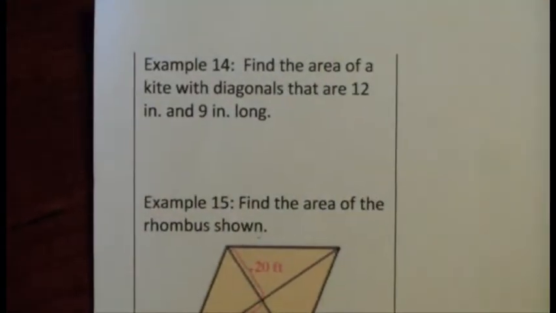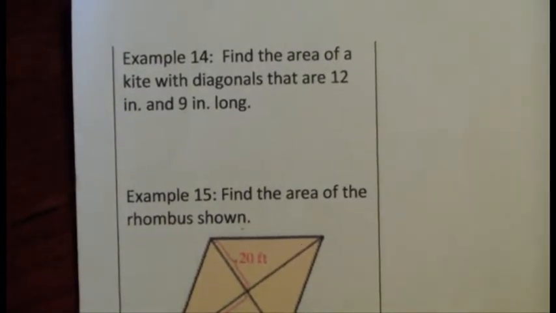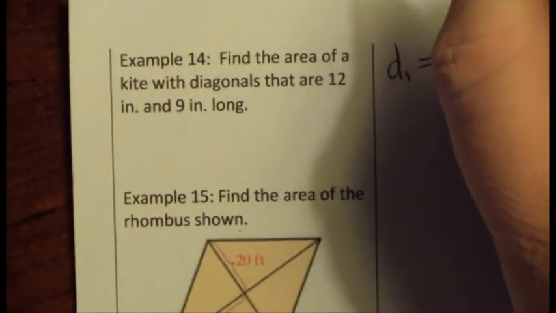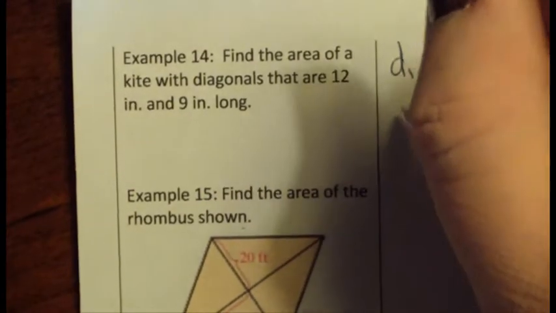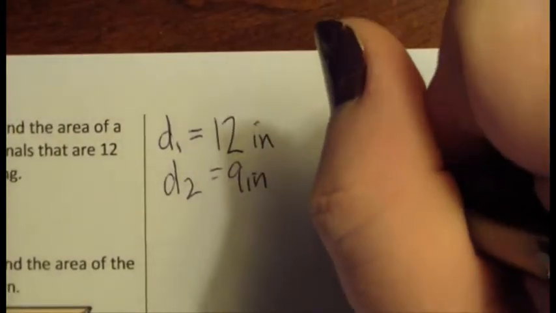Example 14. Find the area of a kite with diagonals that are 12 inches and 9 inches long. So we can say diagonal 1 is 12 inches. Diagonal 2 is 9 inches. Plug those straight into your formula.